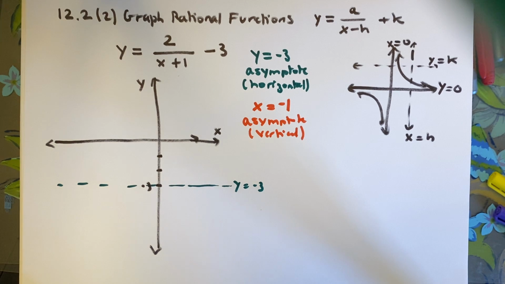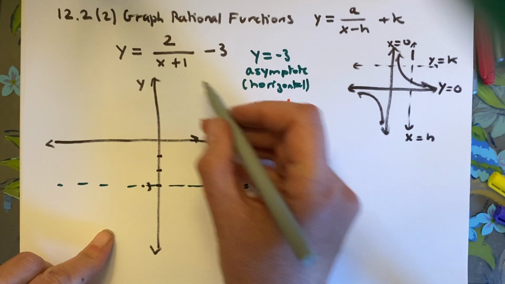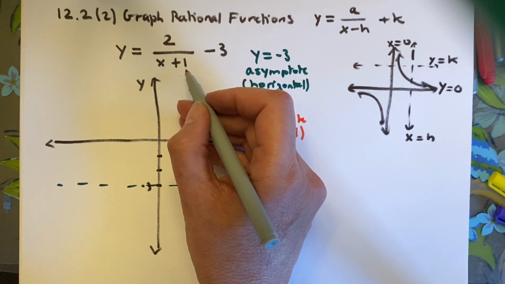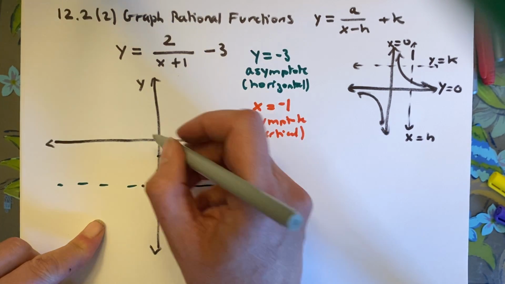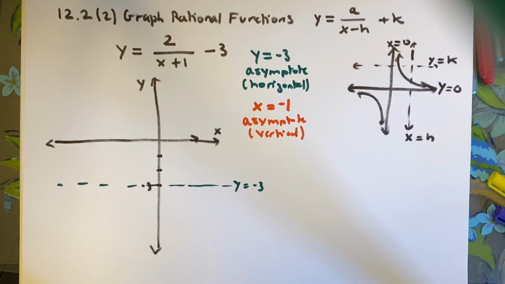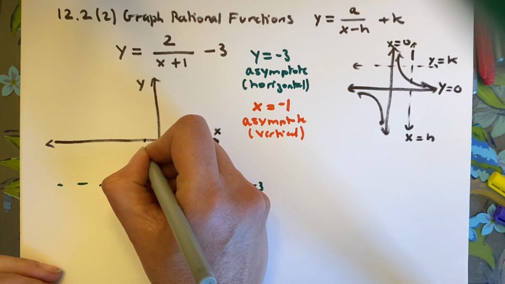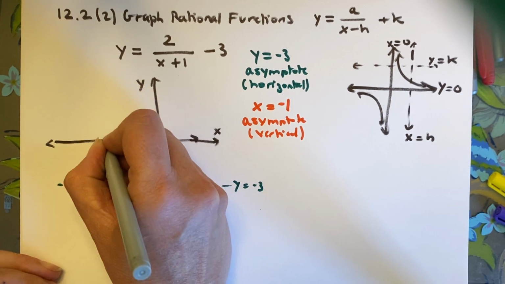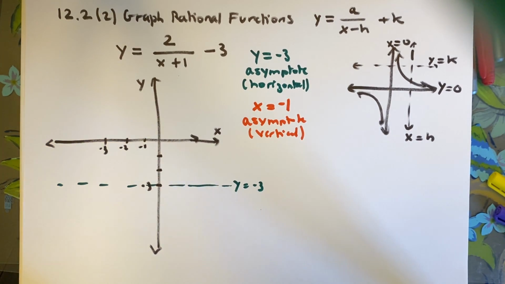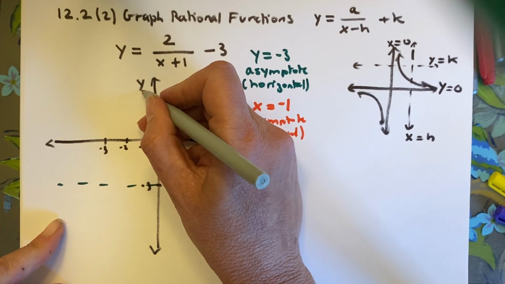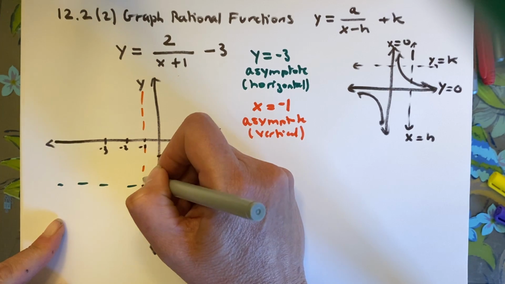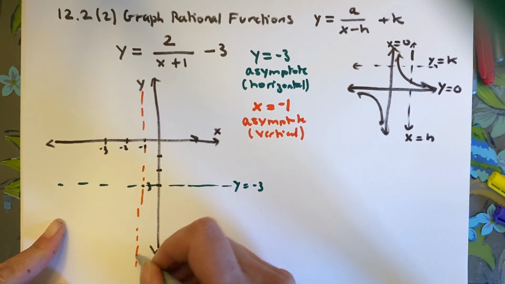That's what our hyperbola is going to get organized around. And the other is my vertical asymptote, which I got from here. If this is +1, this means it's -1. So if I'm putting my numbers in, -1 is right there. So this is going to be my vertical asymptote right here.